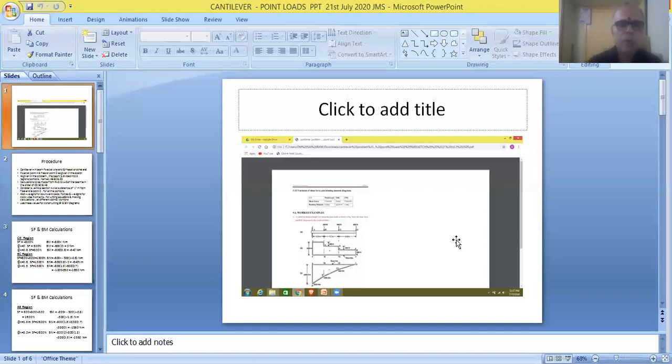And now we can see different loads acting on the cantilever.